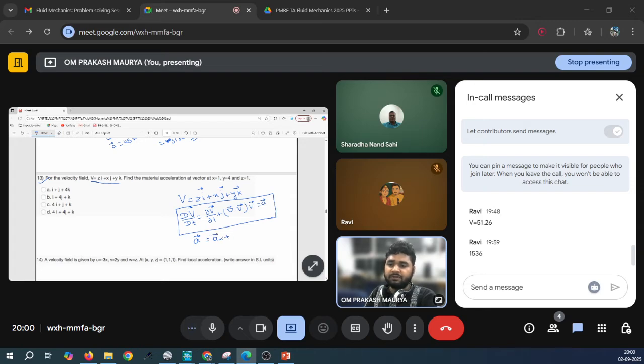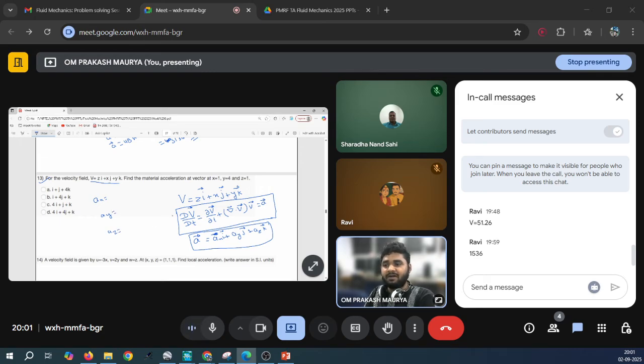Just terminology. I will write here i, j, and k. So what you will do here: calculate ax, calculate ay, calculate az, and then put the values here, and you will get the final answer.